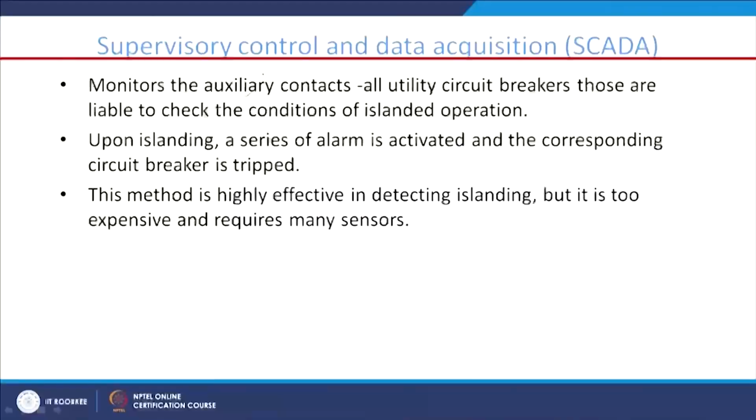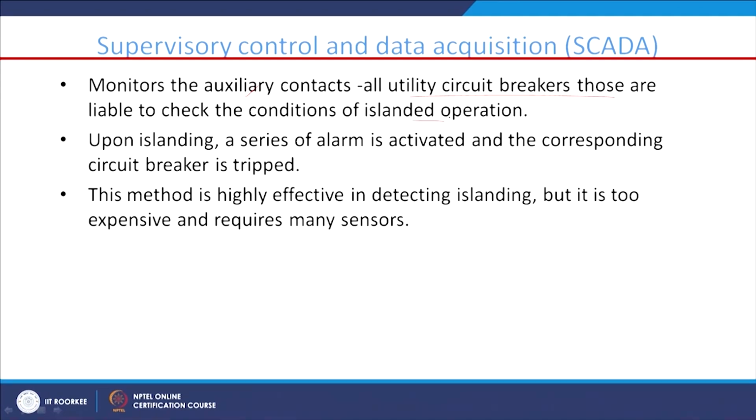In the case of SCADA, we have already discussed in the previous classes that SCADA supervises the status of circuit breakers present inside the microgrid or smart grid system. By knowing the status of the circuit breaker, we can always decide what to do, which component should be shut down, and what the status of the whole network is. It monitors the auxiliary contacts of all utility circuit breakers, which can check the condition of islanded operation.